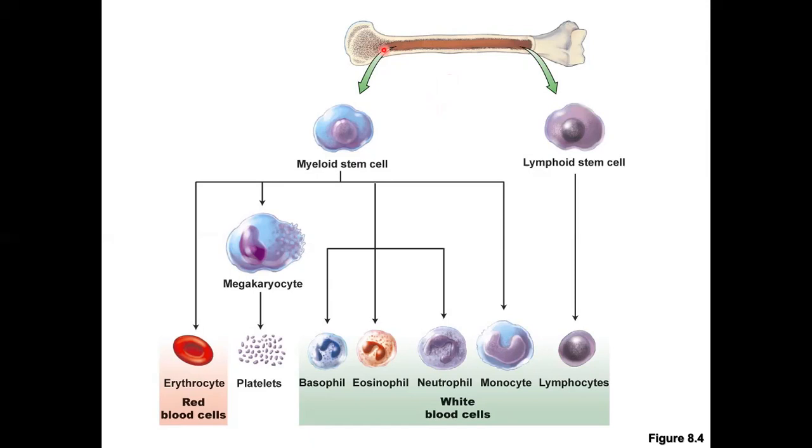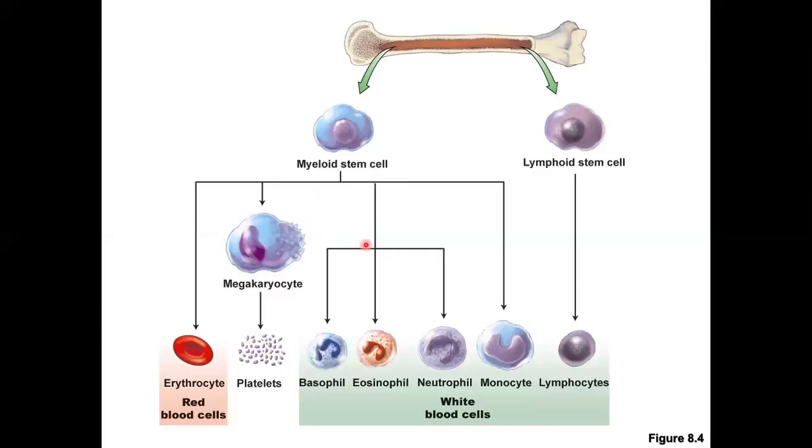Okay, so let's look at the lymphoid. So the lymphoid stem cell is going to give rise to the lymphocyte, right? Pretty straightforward. The myeloid stem cell is going to give rise to everything else. So it's going to give rise to your red blood cells, your megakaryocyte, which then fragments into platelets.